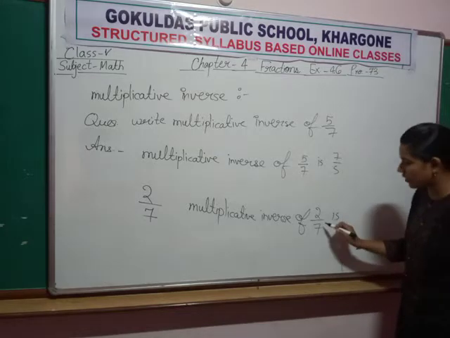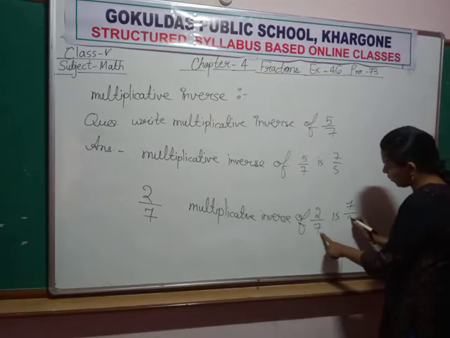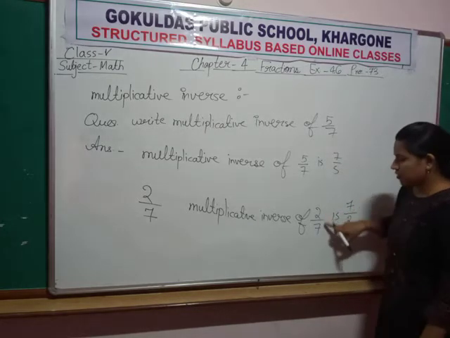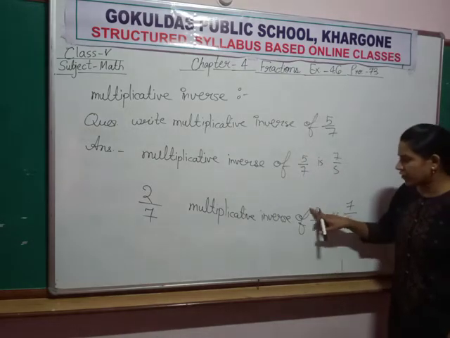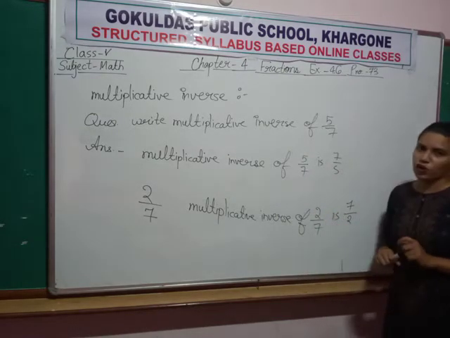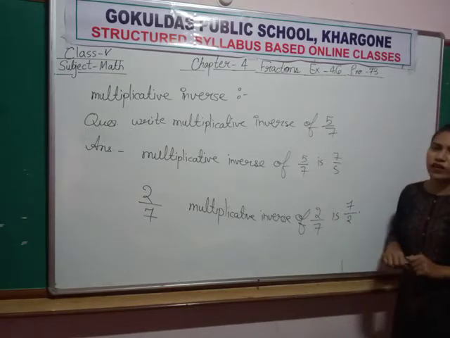You will write 7 in the numerator part upon 2 in the denominator part. You will reverse these digits. You will exchange the numerator and denominator. This is how we write the multiplicative inverse.